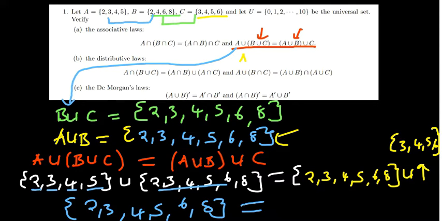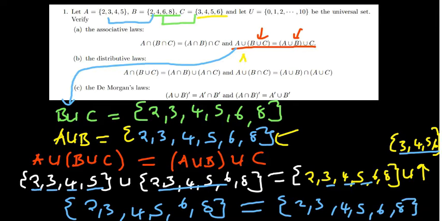And the other part, 3, 4, 5, 6, are also already part of that. You can see that the left hand side and the right hand side are equal. So left hand side is equal to right hand side, hence verified.